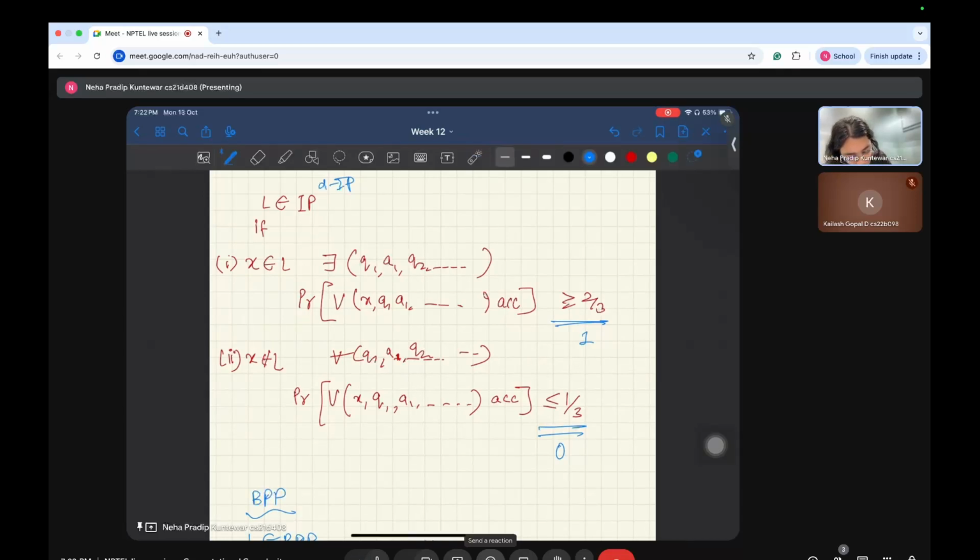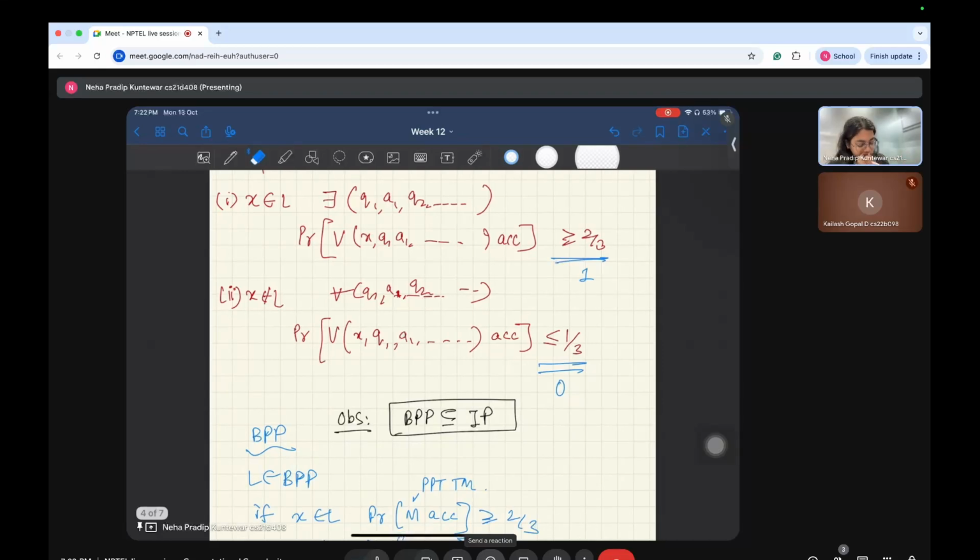As an observation, we can show that BPP is in IP. This is because you just don't allow these many exchanges of messages, and just let the verifier make a guess, and without any communication decide whether to accept or not.